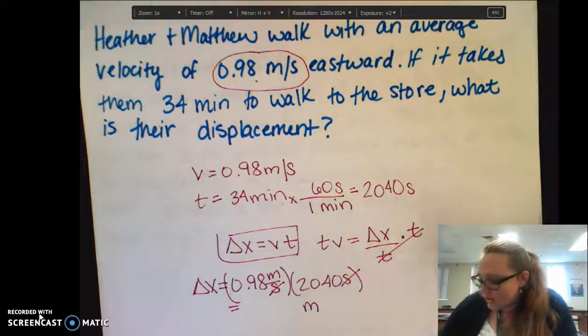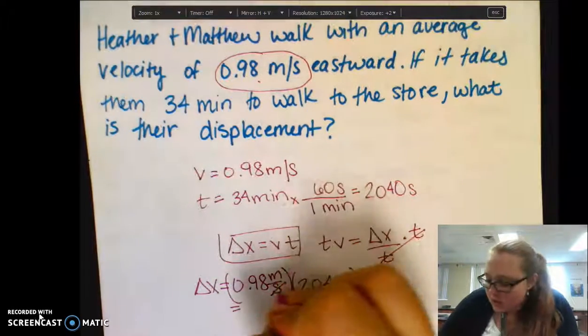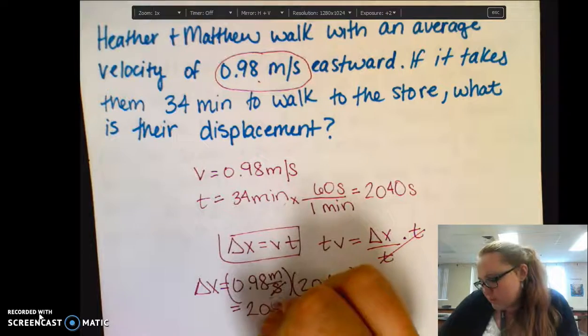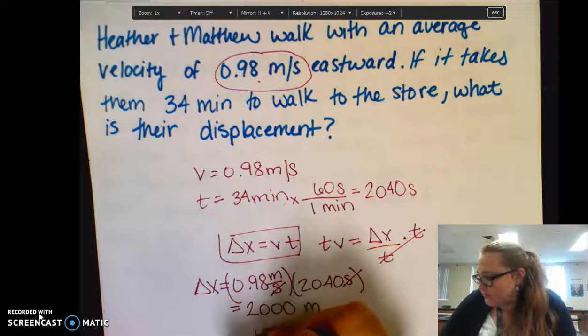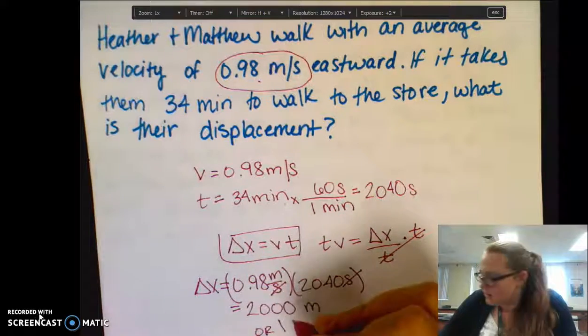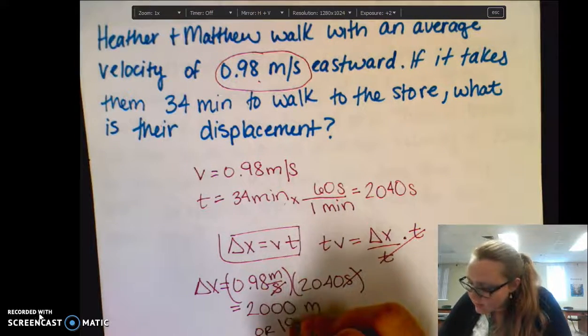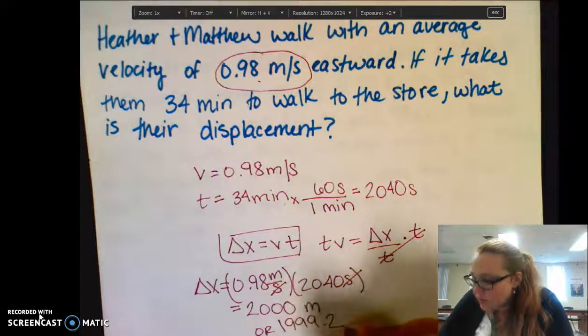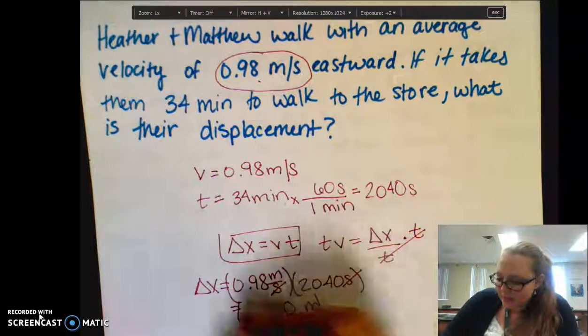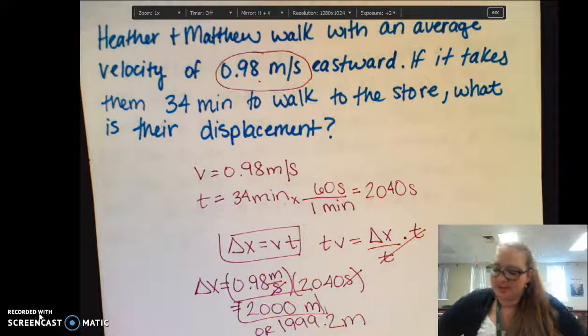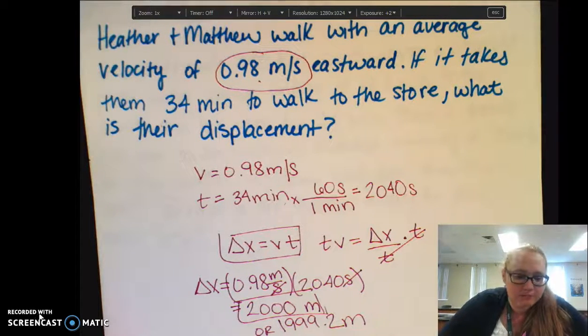I'm going to go ahead and just round that to 2,000 meters. It's approximately 2,000 meters. But if you leave the answer as 1,999.2 meters, that'll be fine too. In the grand scheme of things, it's about 2,000 meters.